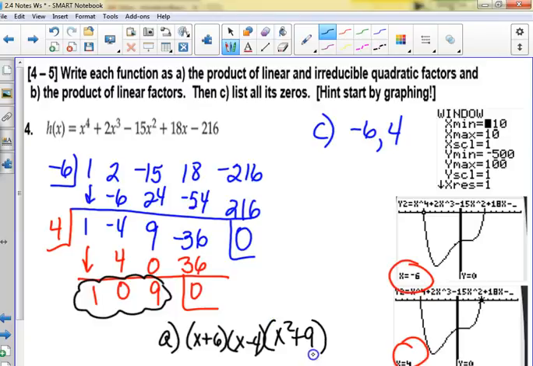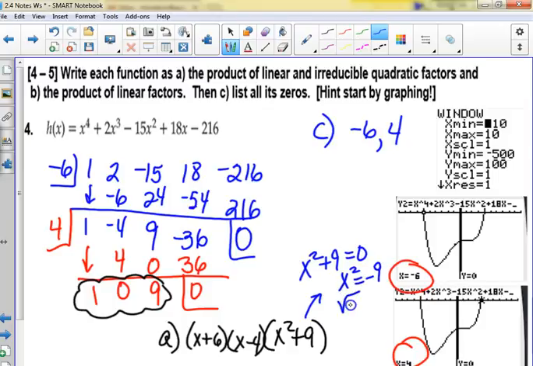Okay, does that factor further? So that's the answer to A. B says we have to do linear factors. I kind of like to find the zeros first. If you set x squared plus 9 equal to 0, we'd get x squared equals negative 9.